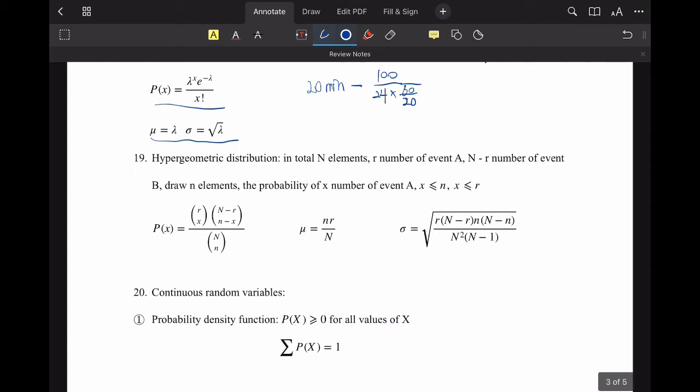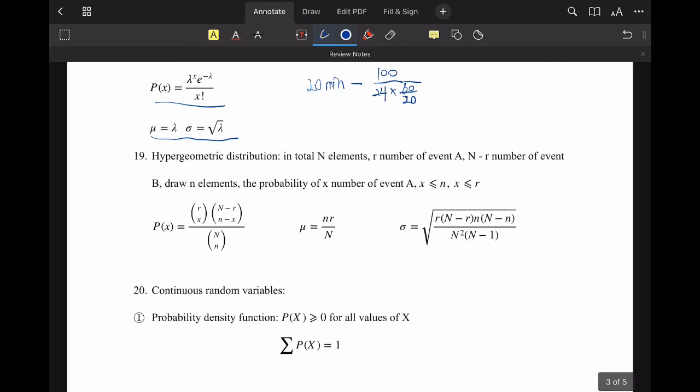So the definition is that you have capital N total elements, and in these elements you have R numbers of event A. If I use another example, you have 100 balls, and you have 50 red balls.